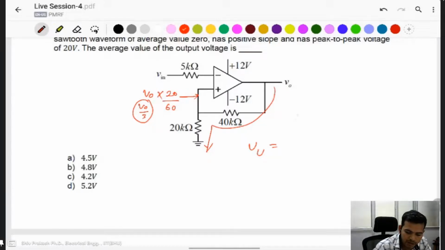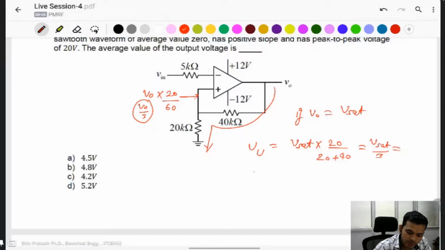Take V0 equal to plus V saturation and minus V saturation as the output levels. If V0 equals V saturation, the upper limit is V saturation into the resistance divider, 20 divided by 20 plus 40, which is V saturation divided by 3.